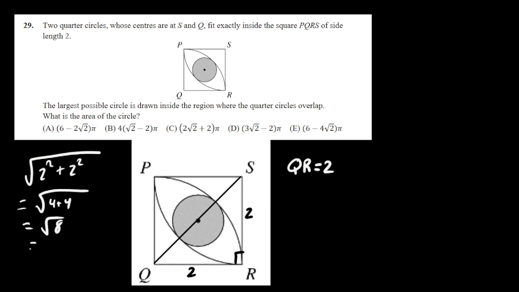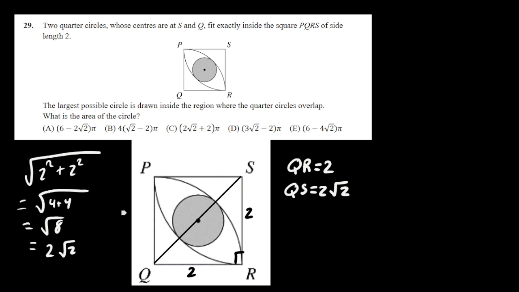So QS would be the square root of 2 squared plus 2 squared, which would be the square root of 4 plus 4, which would be the square root of 8, which would simplify into 2 root 2. So this QS would equal 2 root 2.